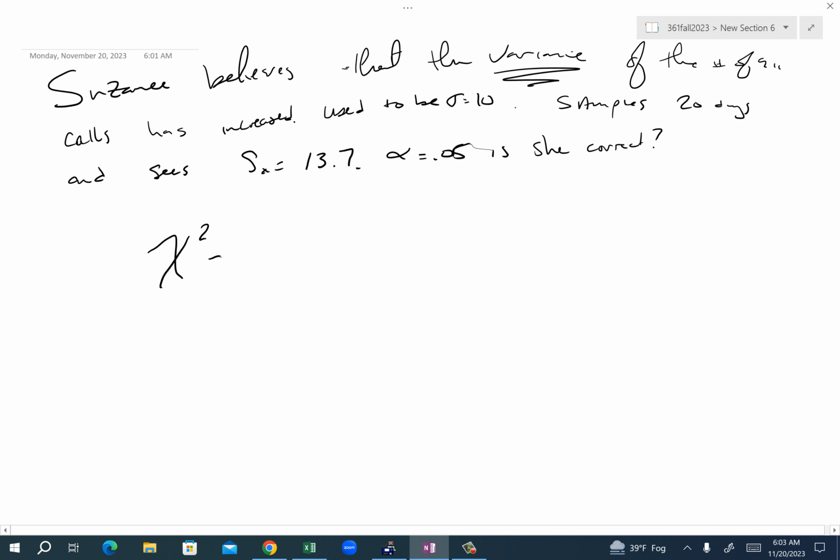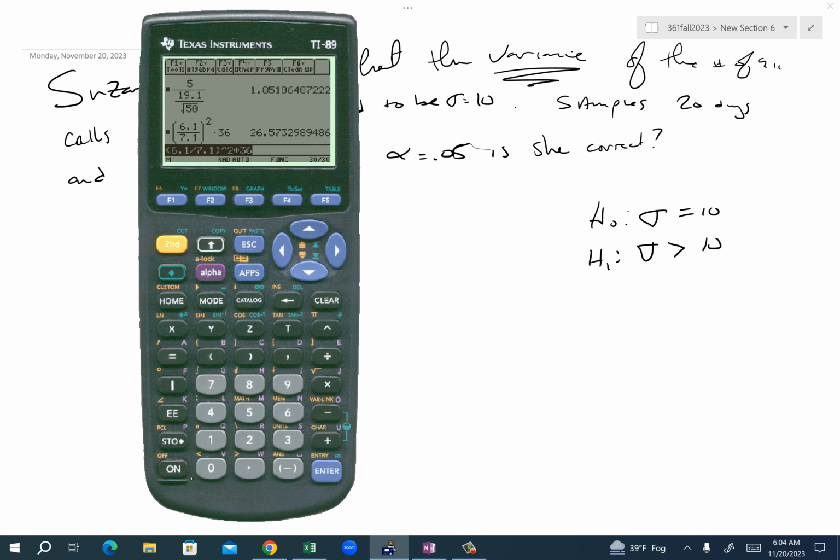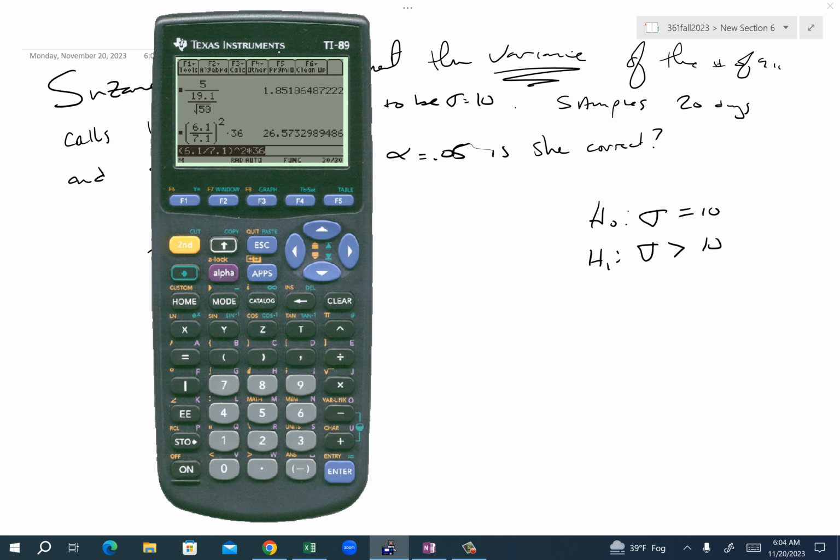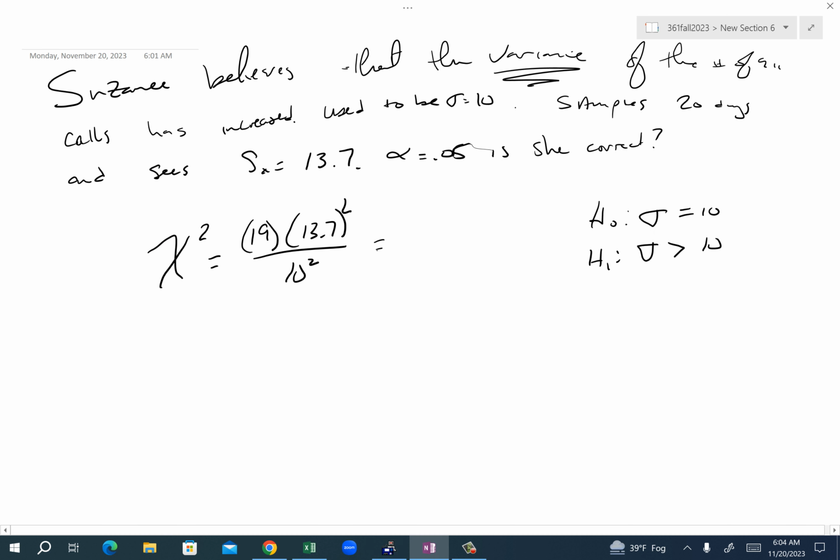I can always make my chi-square distribution, but I probably should always start off with my hypothesis test. So her chi-square test statistic is going to be 19 times 13.7 squared over 10 squared, which is 35.66.